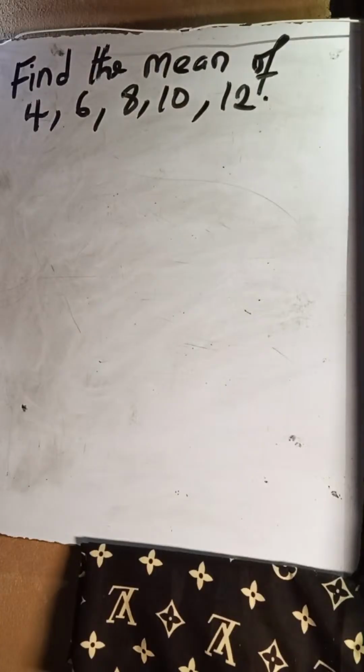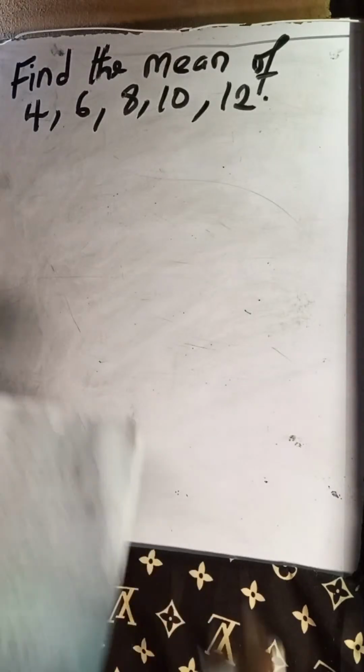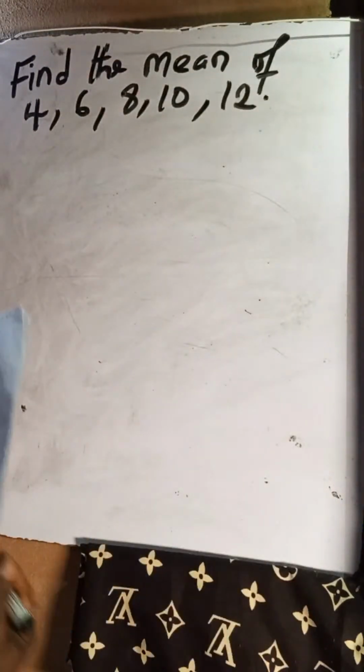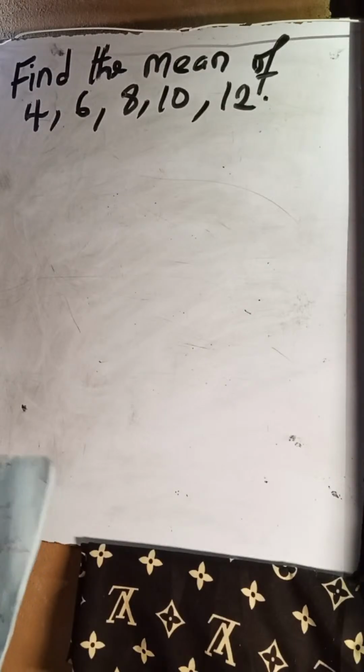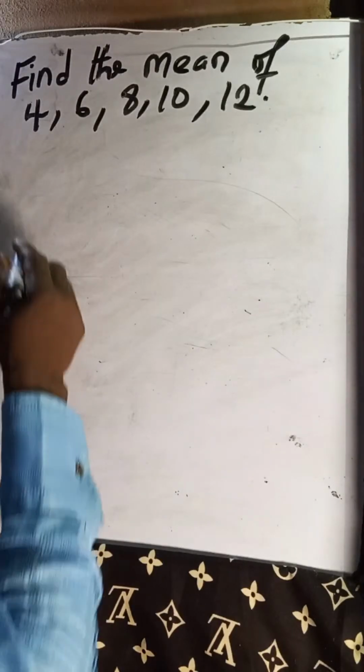So these are the numbers, and I'm sure we are already used to finding mean. So how do we get the mean of these numbers?